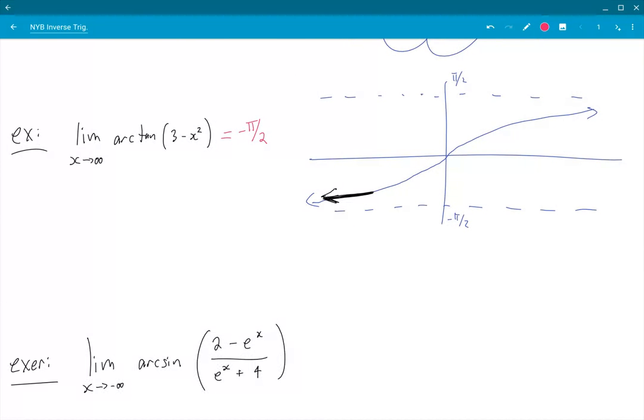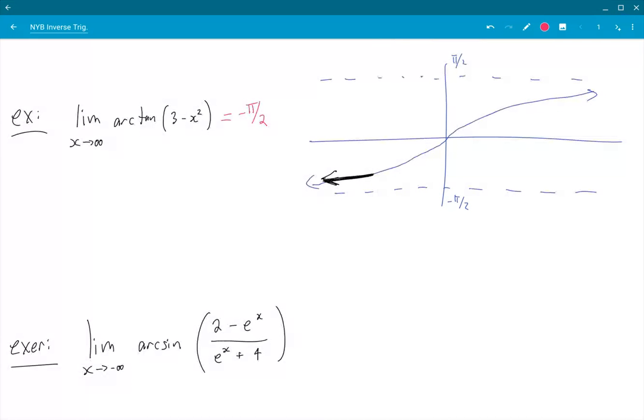Okay, exercise. I want you to try this. So here you'll have arc sine of, well, the numerator goes to just 2, and the denominator goes to just 4, since this item on top is going to 0, and this one on the bottom is also going to 0.